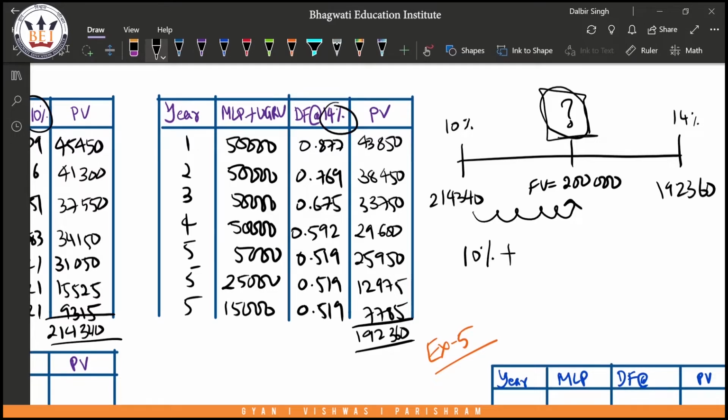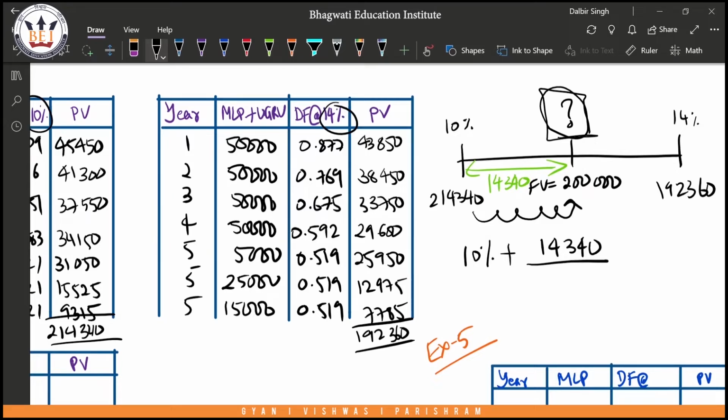To reach the fair value from this 10%, how much distance do I need to cover? 14,340. That is the distance I need to cover, so 14,340 is what I will write.